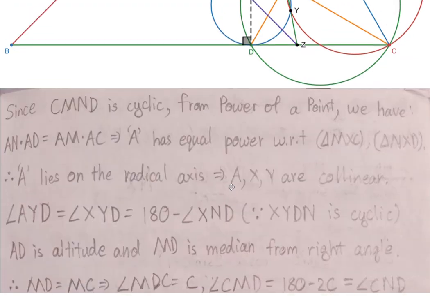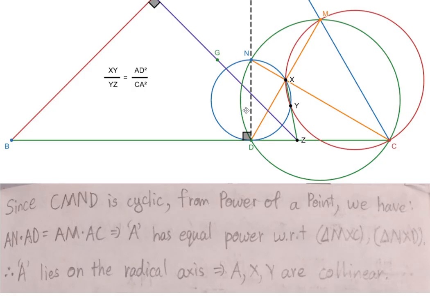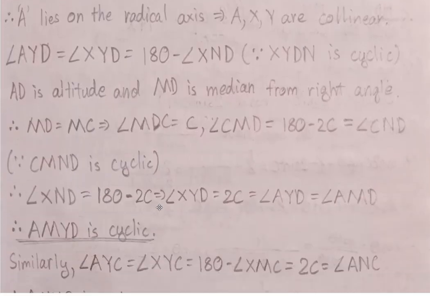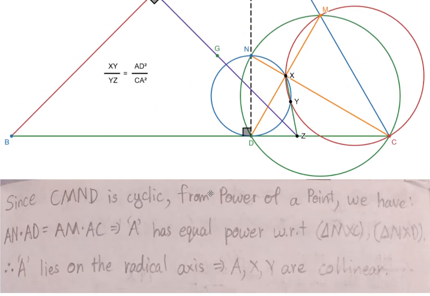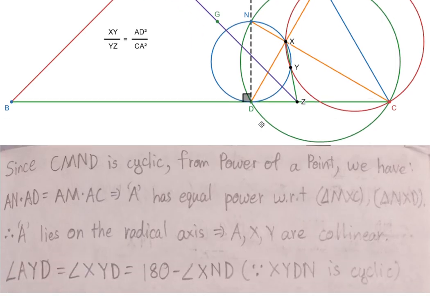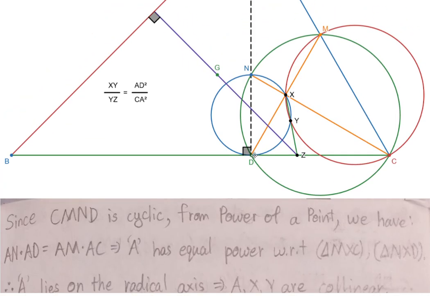And now we get XND, which is basically this angle, which is basically CND. And then we get XYD is equal to 2C. That is because AYD is equal to XYD, and XYD will just be equal to 180 minus XND because this is a cyclic quadrilateral.